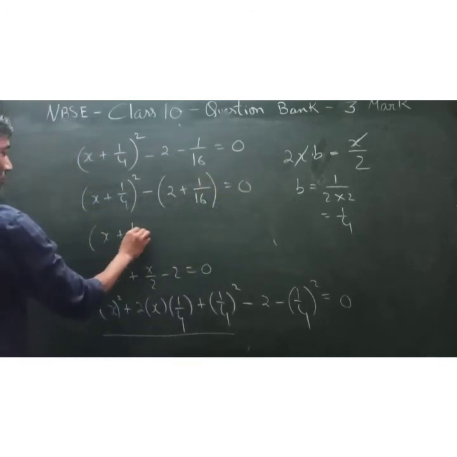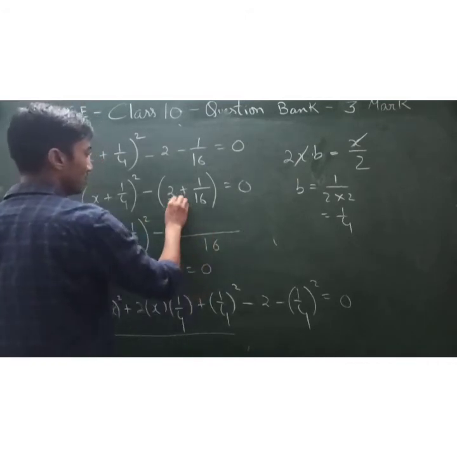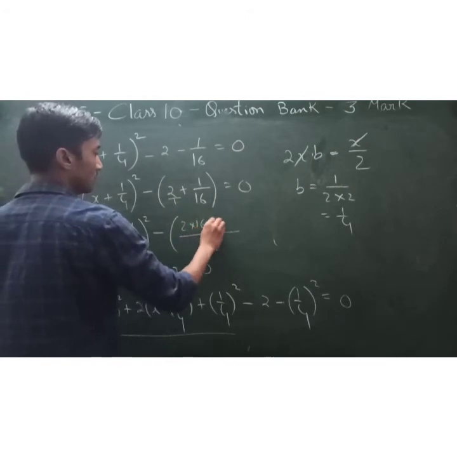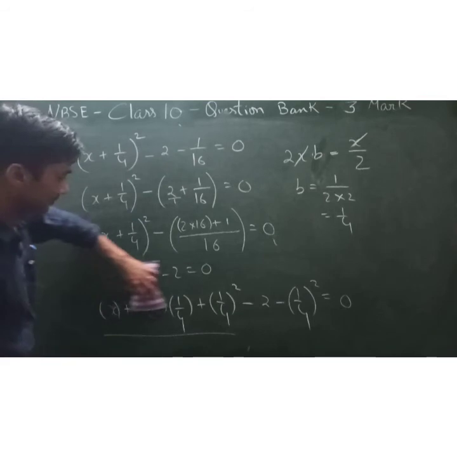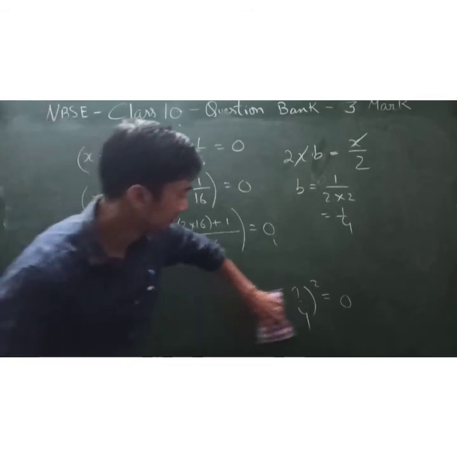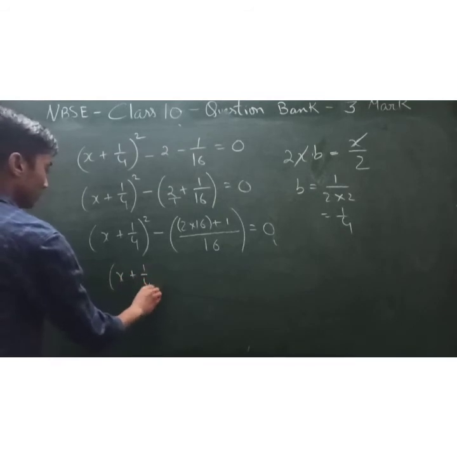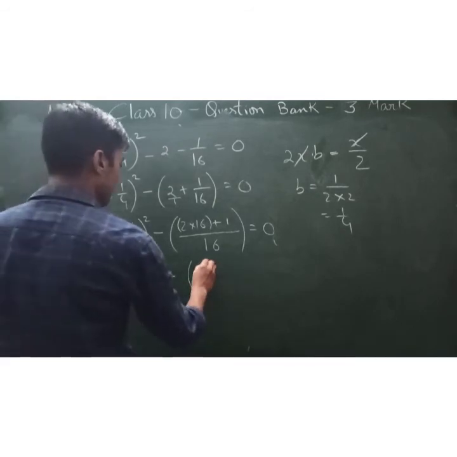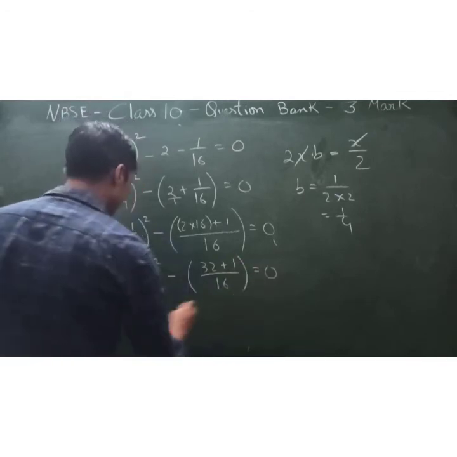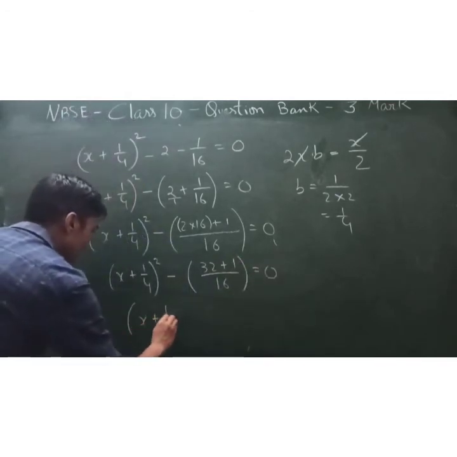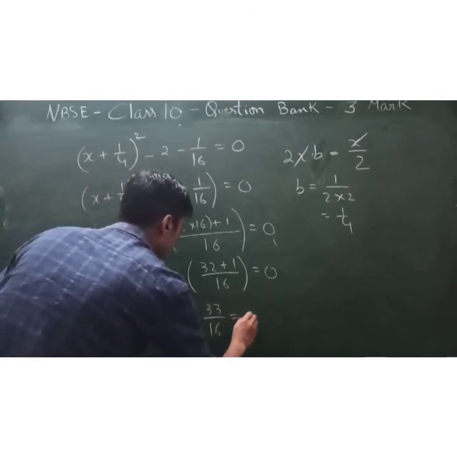Taking the LCM here, x plus 1 by 4 whole square minus 32 plus 1 by 16 is equal to 0. Again, x plus 1 by 4 whole square minus 33 by 16 equals 0.